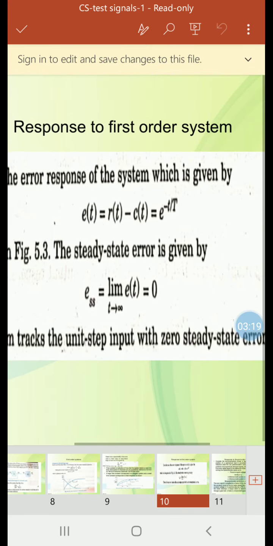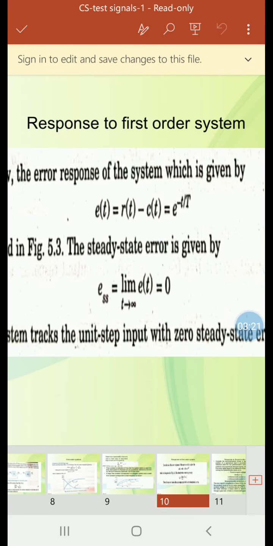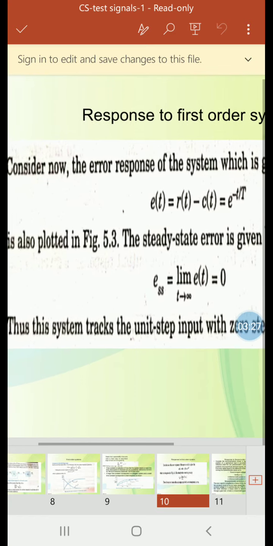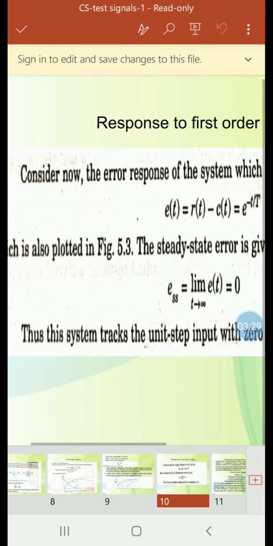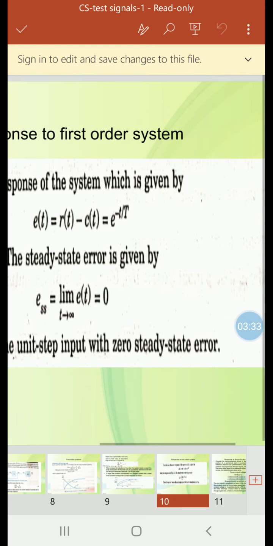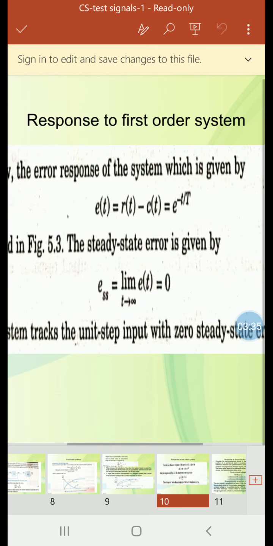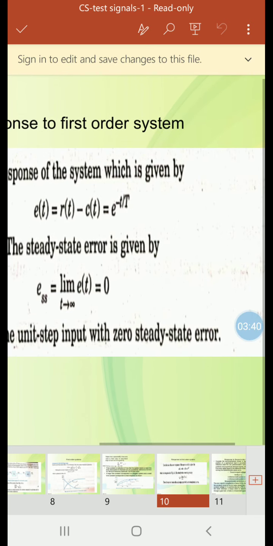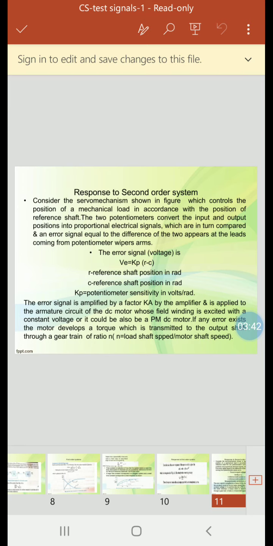Then the steady state error is given by ess equal to the limit as t tends to infinity of e(t), which comes to be 0. So we can say that the system tracks the unit step input with 0 steady state error, as shown here.